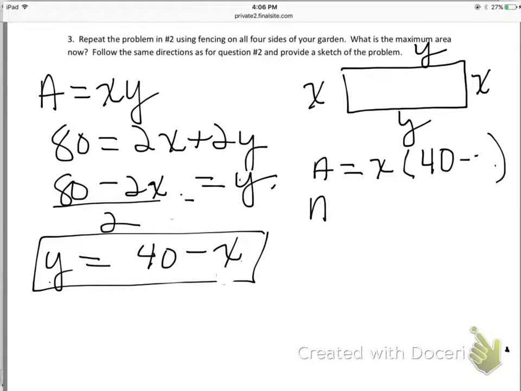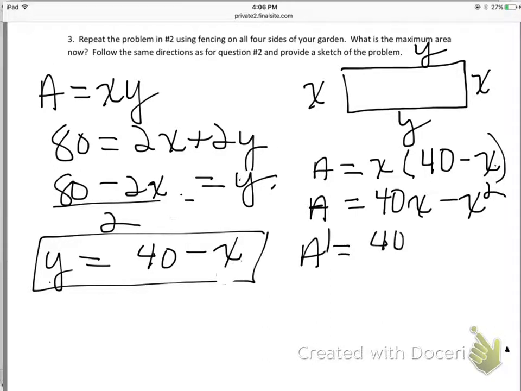Now we're cooking. So A is going to equal 40x minus x squared. A prime, therefore, equals 40 minus 2x. A prime prime equals minus 2. Therefore, we still have an indication that my function is concave down throughout its domain, and therefore I'll have a max.